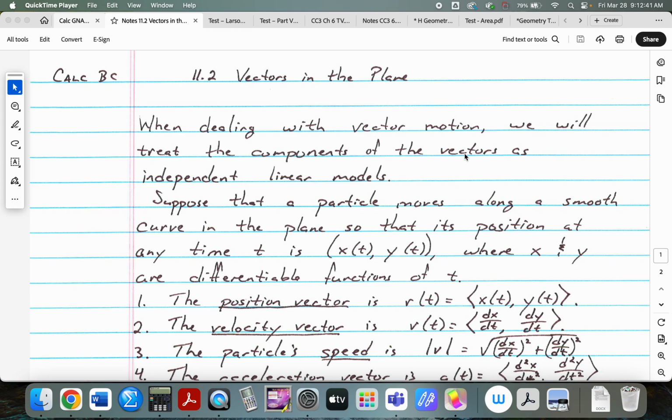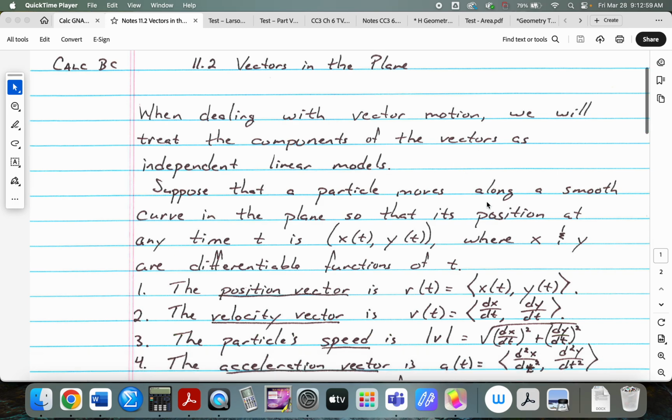And basically, what we're going to do is use vectors for this so that we can have independent x motion and independent y motion rather than trying to do both at the same time, if that makes sense to you.